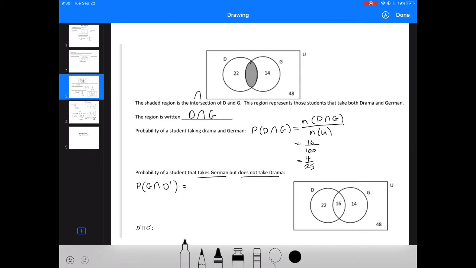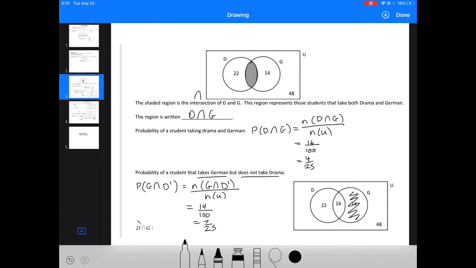So our probability notation is the same: number of G and not D, all over the total number of students. The students that are in that set are these ones right here. So that would be 14 over 100, which would be 7 over 25.